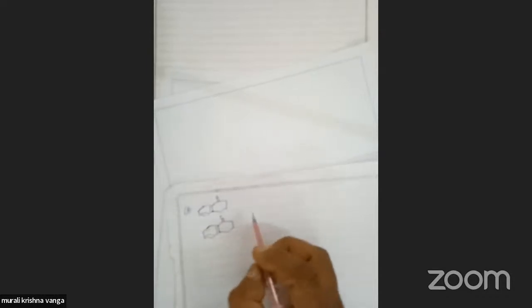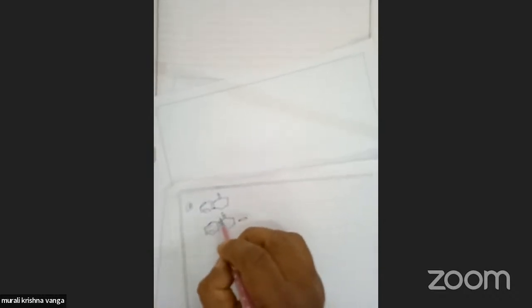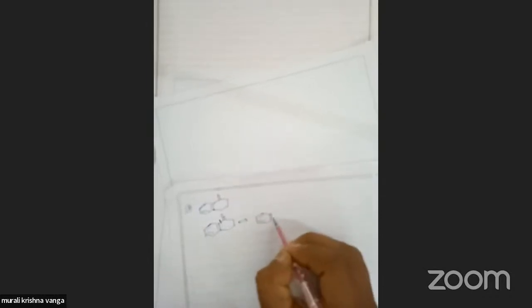It undergoes functional group interconversion, the bond will be broken here, and then the product is OH.